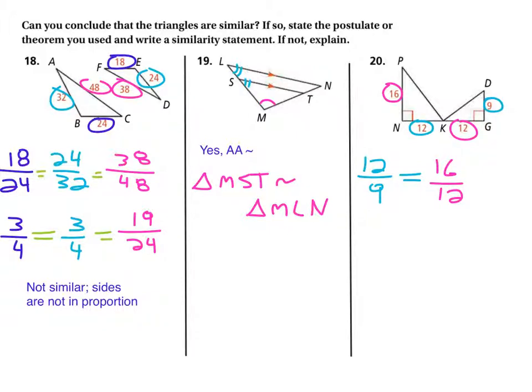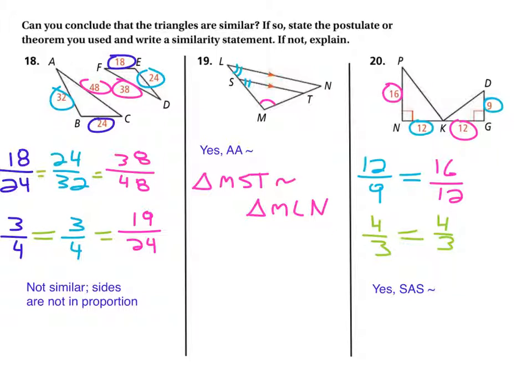So let's simplify them and see what we get. This works out dividing both by 3 to be 4 over 3. And this dividing both by 4 is 4 over 3. So we would say yes. Yes, by side-angle-side similarity.